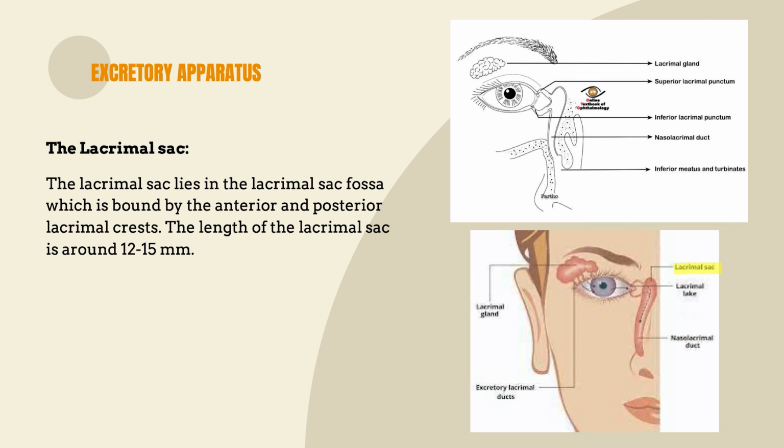Next is the lacrimal sac. The lacrimal sac, as seen in the picture, is in here. The lacrimal sac lies in the lacrimal sac fossa, which is bound by the anterior and the posterior lacrimal crest. The length of the lacrimal sac is around 12 to 15 mm.